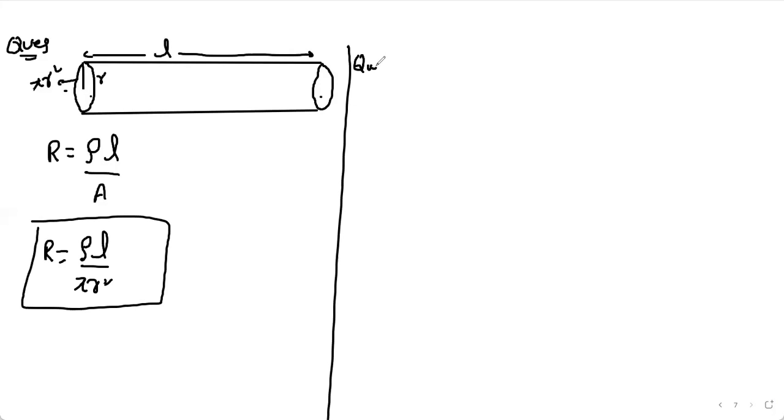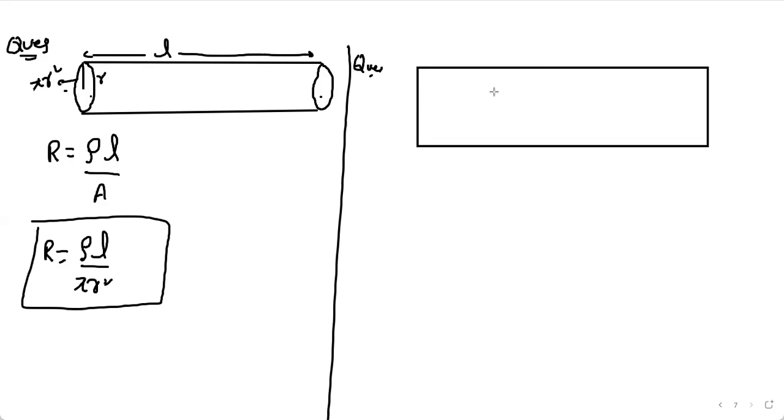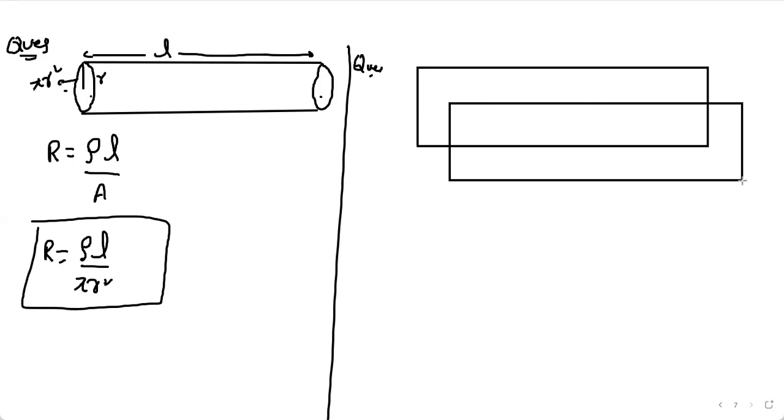This is straightforward. The next question is, instead of a resistor, you can have a cuboid of this shape. How many faces are there in a cuboid, Shehzada? Just 6 faces.